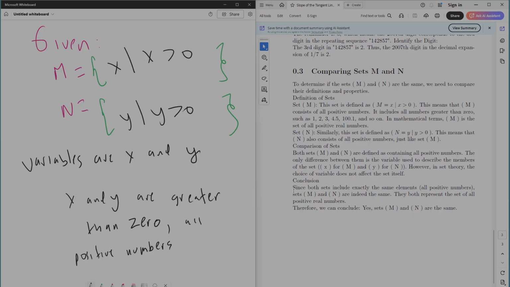So in conclusion, since both sets include exactly the same elements, all positive real numbers, sets M and N are indeed the same. They both represent all positive real numbers.